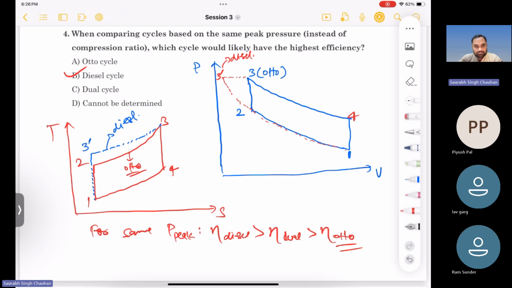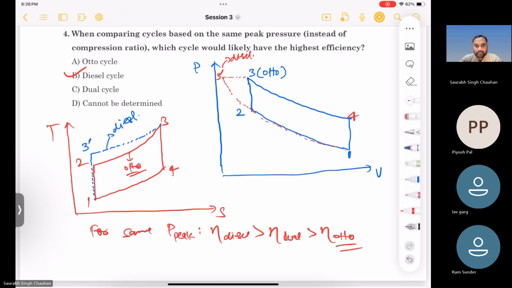So definitely the compression ratio is different. Instead of compression ratio, if you use peak pressure for comparing their efficiency, it is a more realistic point of view. In most cases, the efficiency of the diesel engine is greater than that of petrol engines, because the compression ratio is very different. In petrol engines, the compression ratio is of the order of 7, 8, 9, 10, or 12, while in diesel engines it is 16, 17, 18.